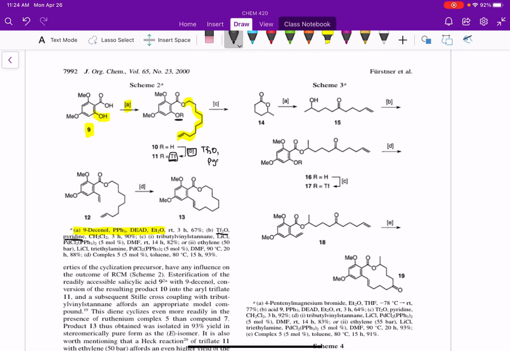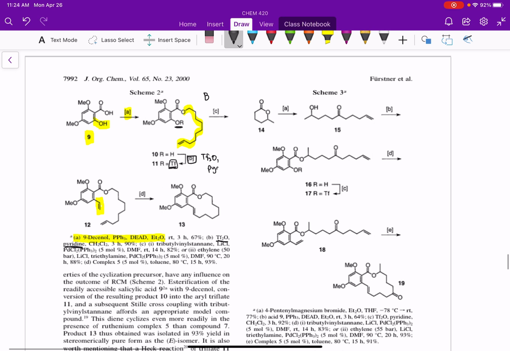That allows the researchers to add in the alkene functional group here. This is the Stille coupling. They're using tributyl vinyl tin, a tributyltin group with the alkene. Sorry, I drew that wrong.